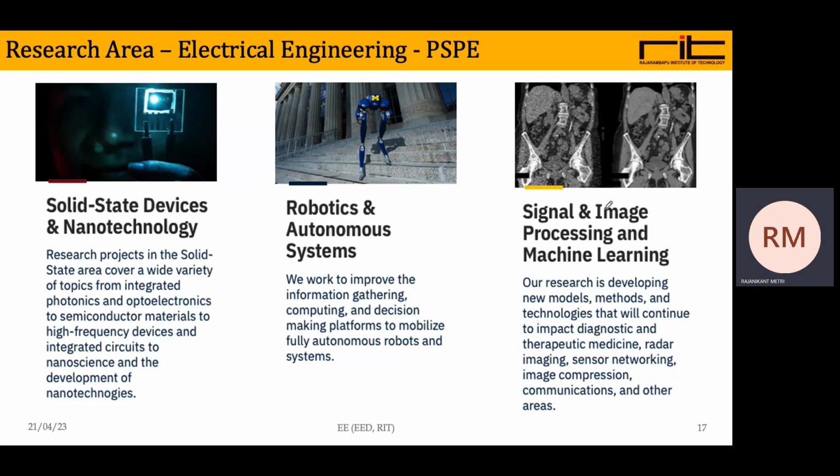Similarly, in the medical field, signal and image processing and machine learning are being incorporated to solve problems, to diagnose, even for medicine purposes. Then radar, defense sectors, and networking and communication systems. Everywhere these problems are identified, and researchers are solving them. So these are some broader areas.